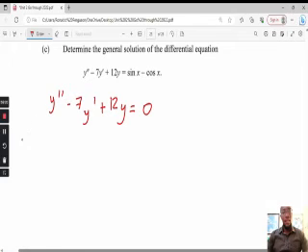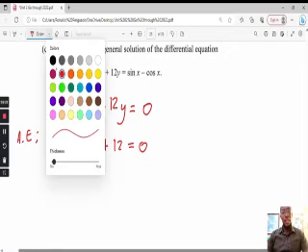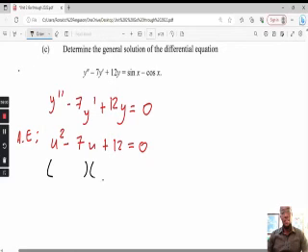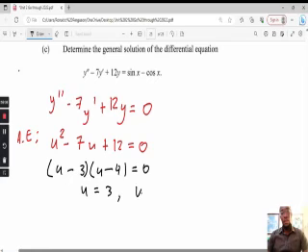Then we get the auxiliary equation: u squared minus 7u plus 12 equals 0. In that case, we factorize: 4 and 3, the signs are the same, both negative. So u equals 3, u equals 4.